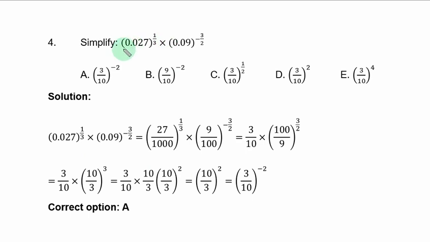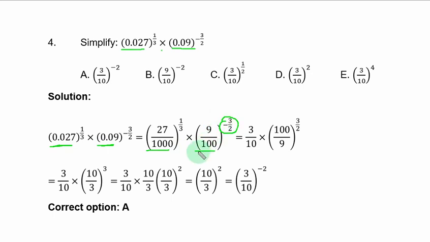Question 4. Simplify this times this. To proceed, you need to convert the decimal numbers to ordinary fractions. This number is equivalent to 27 over 1000, while 0.09 is equivalent to 9 over 100. Next, let us try to convert this power to positive.